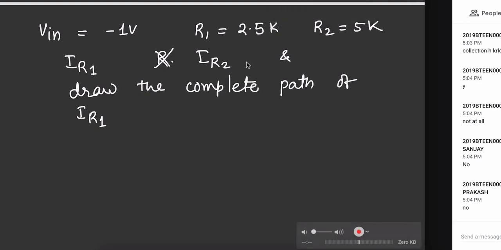Everybody will do it on their own. There is only a small change, but that will give you insight. When you are finished, you can write done in the chat box.